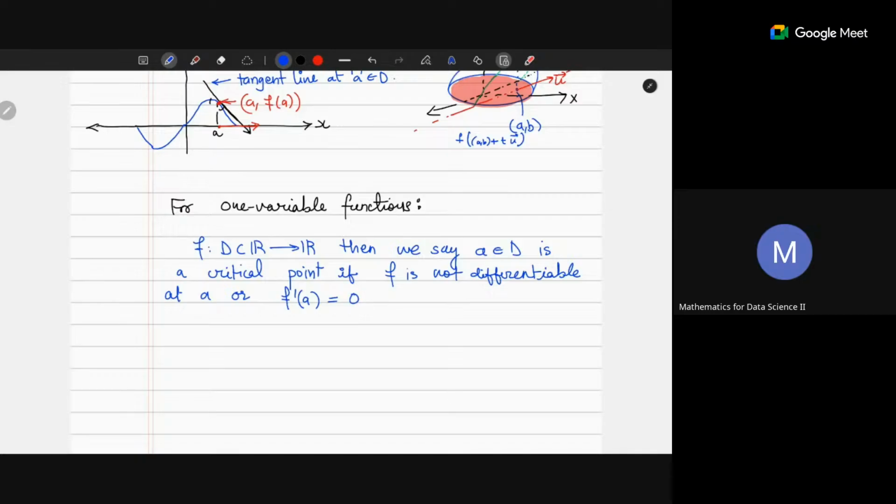Okay, so it is called a critical point if it is either differentiable with zero derivative, or if it is not differentiable. All right, so these are the two conditions. That's the definition in the one variable case.